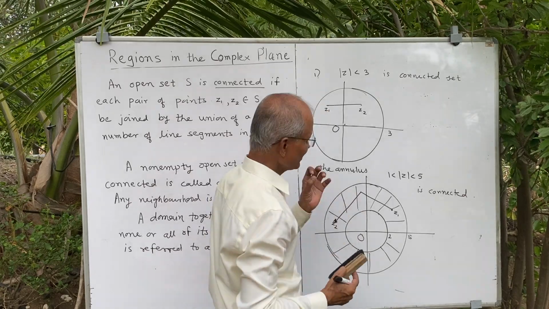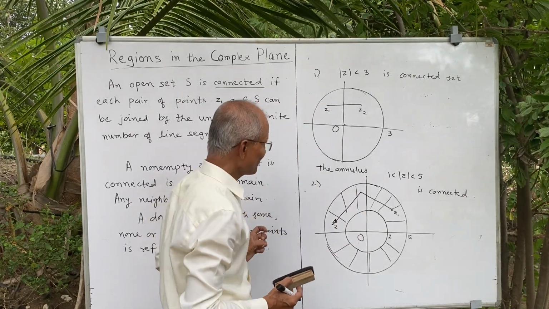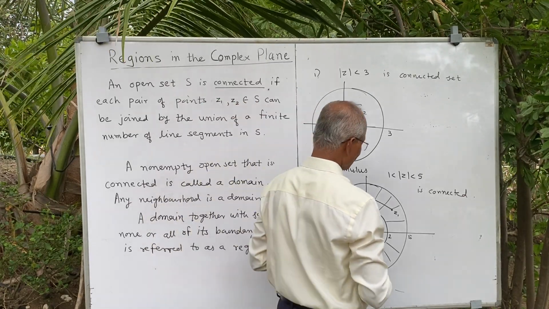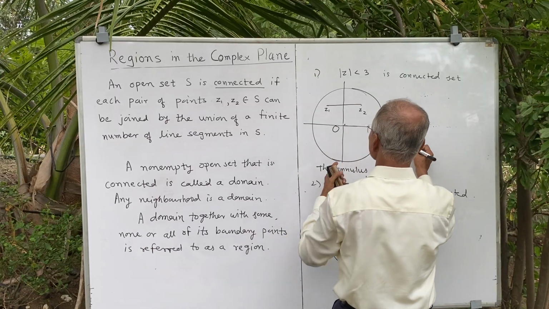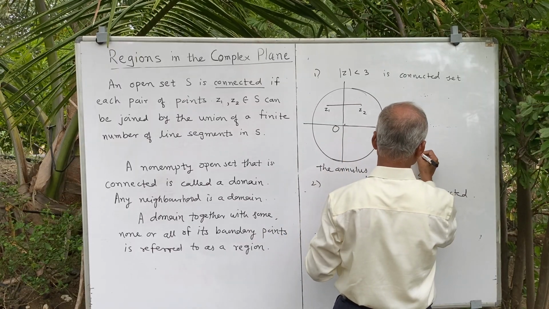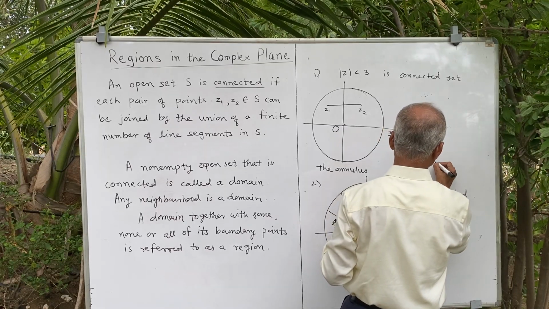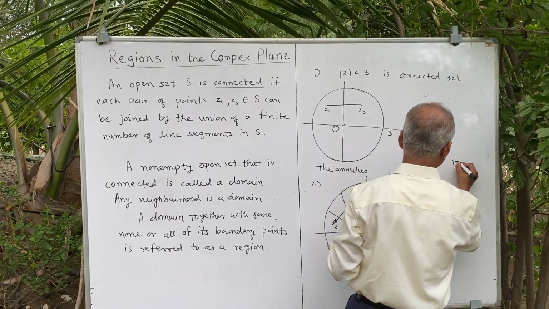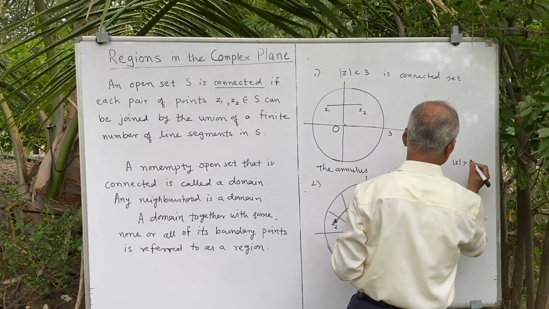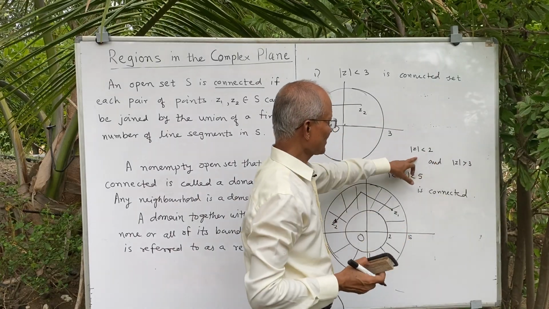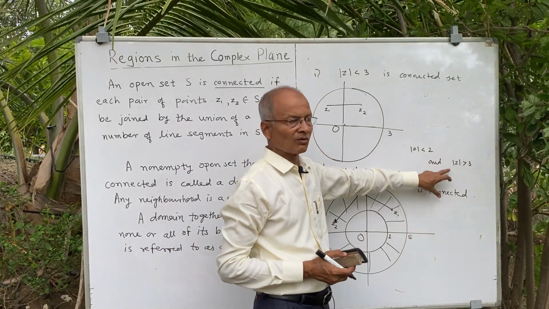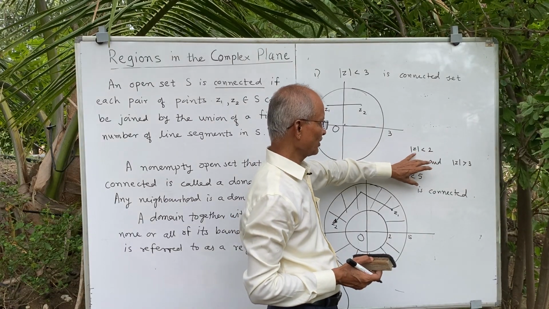And what will be a not connected set? If you consider, say, mod z strictly less than 2 and mod z greater than 3, this region will not be connected.